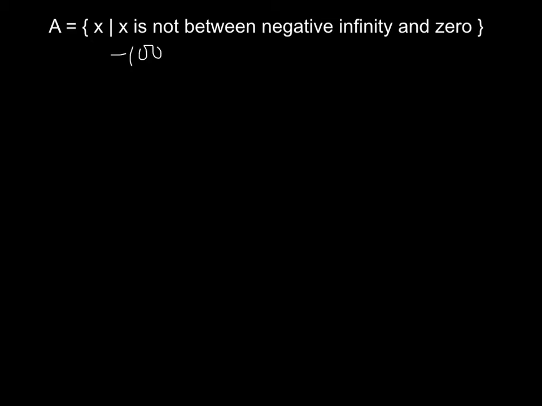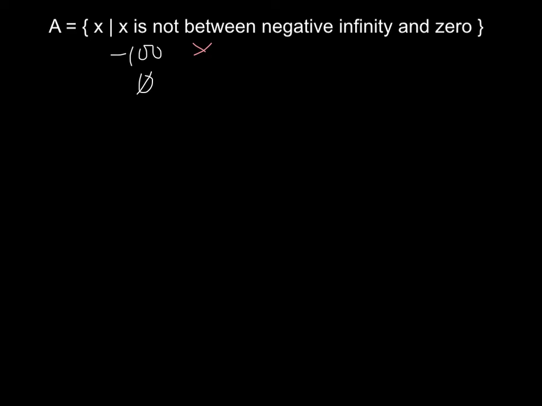Negative 100. Is that between negative infinity and 0? Yes, it is. So that's not going to work. What about 0 itself? X is not between negative infinity and 0. If we remember from the other side, between does not include the endpoints.